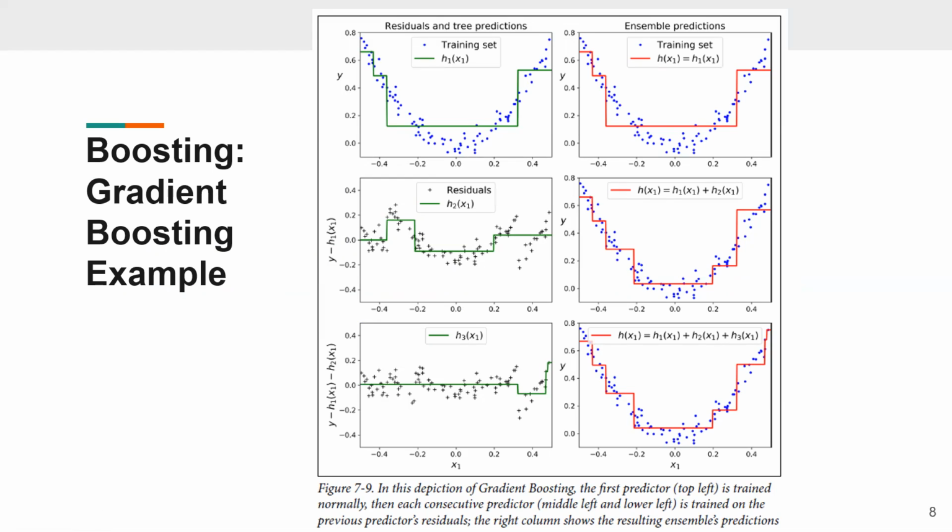In this graph, on the left-hand side, the top left is trained normally, using x1 and the corresponding y, and you come back with a decision tree regression model. With this regression model, each observation has a residual error, because this is the prediction versus this actual value.